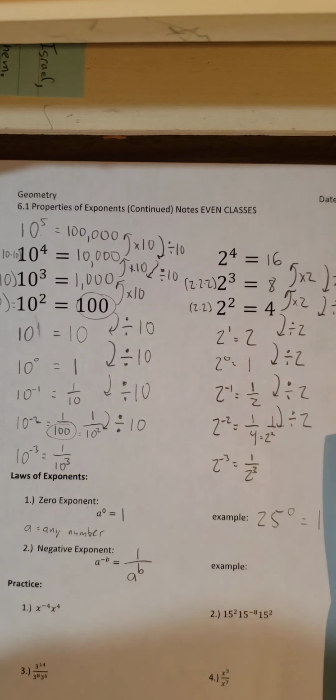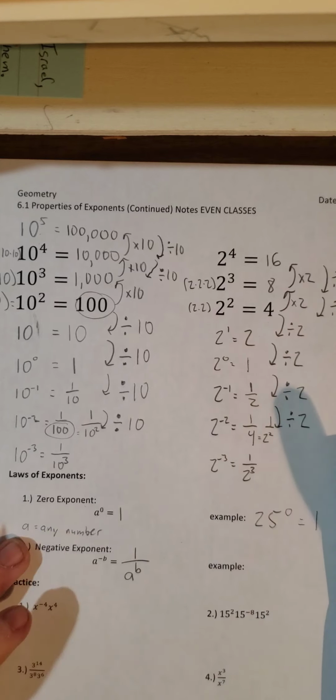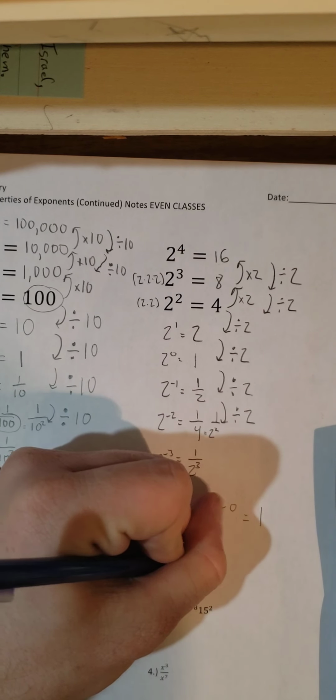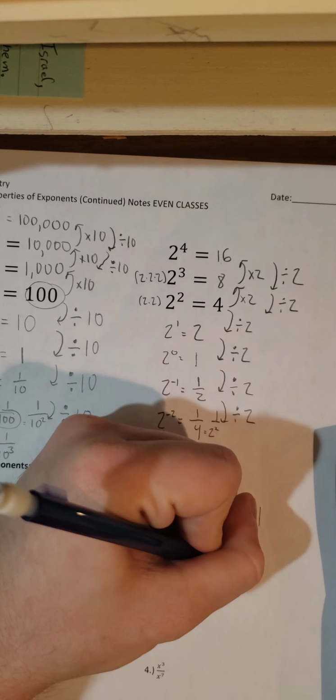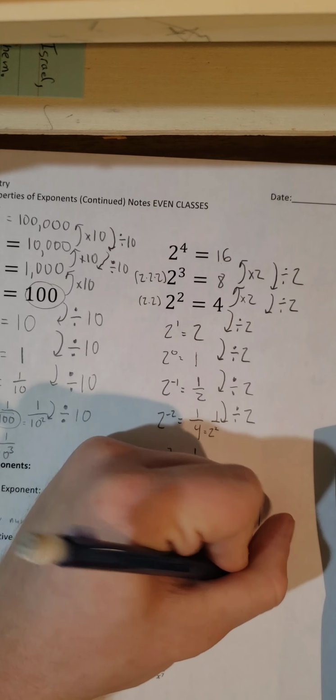So essentially, that negative number just means you can move it to the denominator and make it a positive. So for example, we could have 3 to the power of negative 4. This would be equal to 1 over 3 to the 4th power.